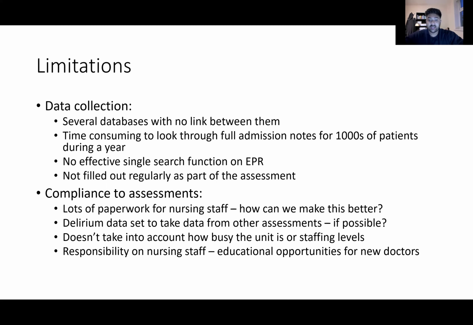This might take some workload off the nursing staff, which means our compliance would be even higher. But also it would mean yet another person there to recognize a patient that might be delirious, and have speedier management and recognition for these patients.